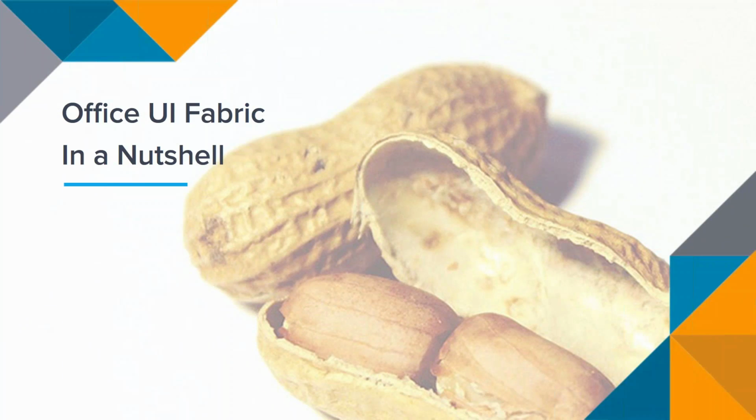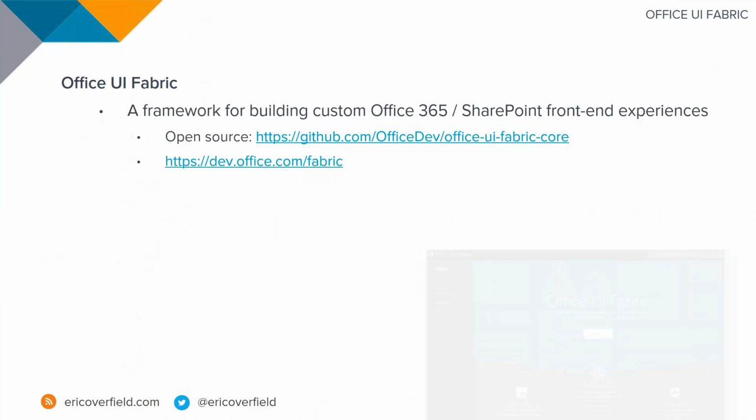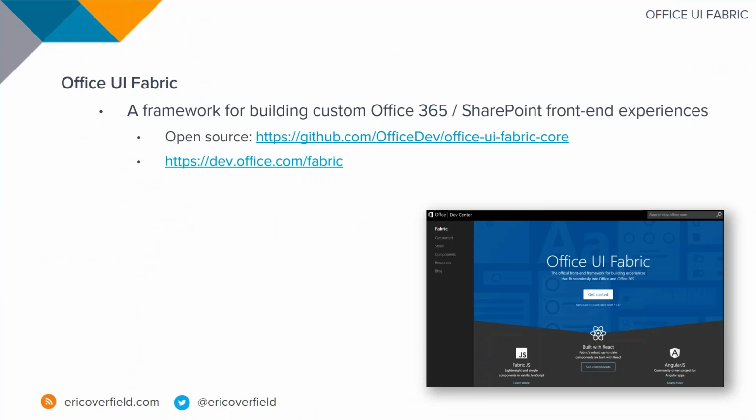Okay, so Office UI Fabric. What is this all about? The UI Fabric is designed as a framework for building your own custom interfaces on top of primarily SharePoint or 365, but that adheres to Office 365 standards and SharePoint front-end standards.